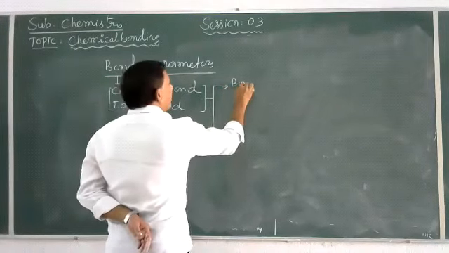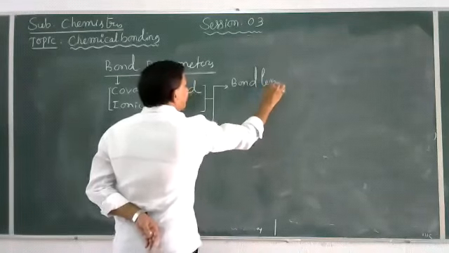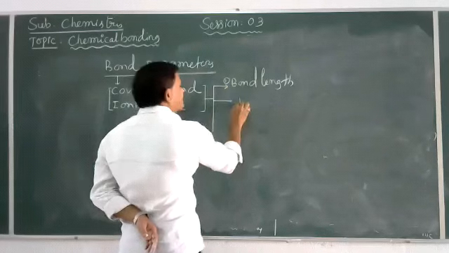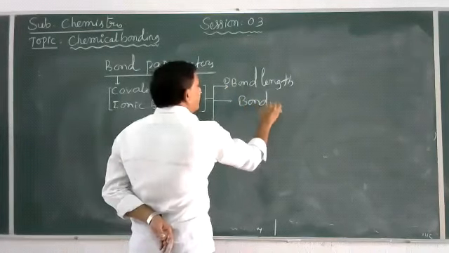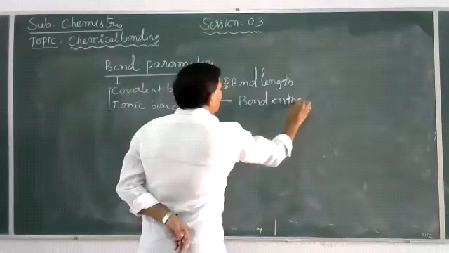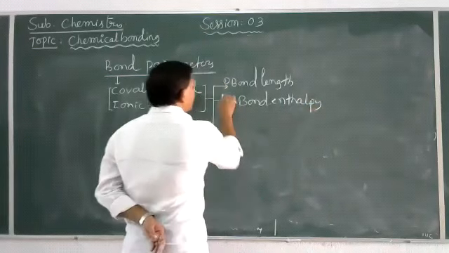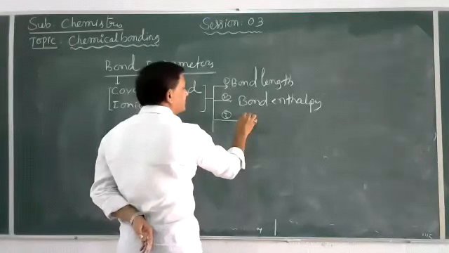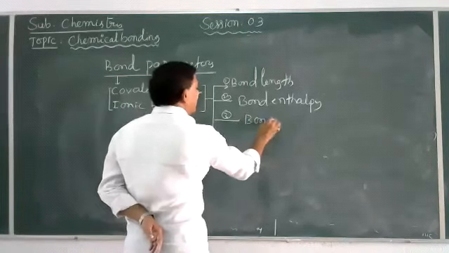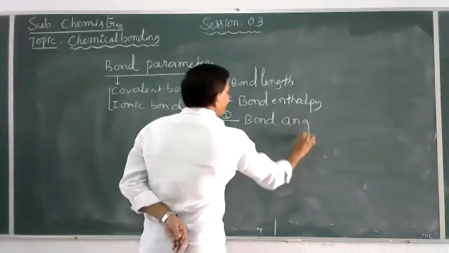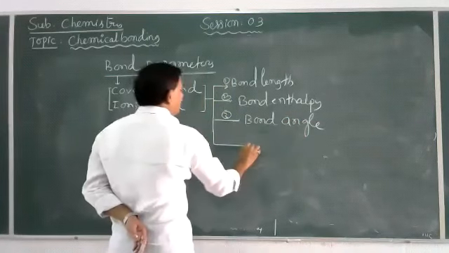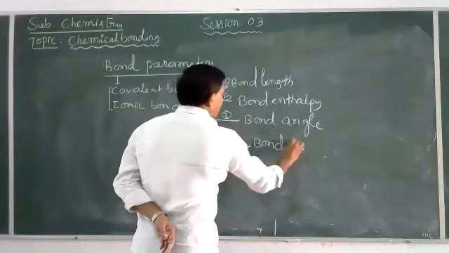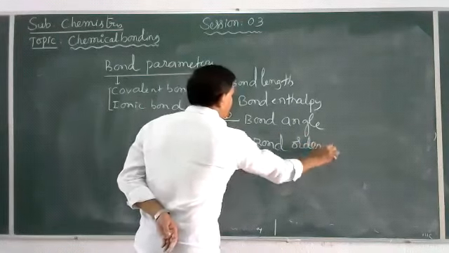One is bond length. Second is bond enthalpy. Third is bond angle. Fourth is bond order. These are very simple, general concepts.